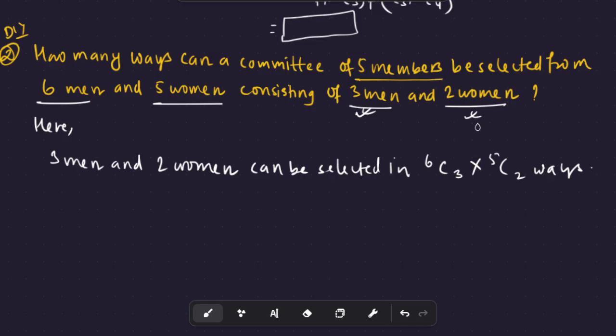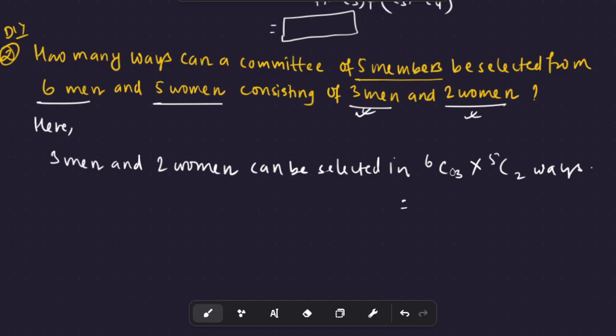The five members of the committee are already fixed: it should contain three men and two women. So three men and two women can be selected in 6C3 times 5C2 ways.